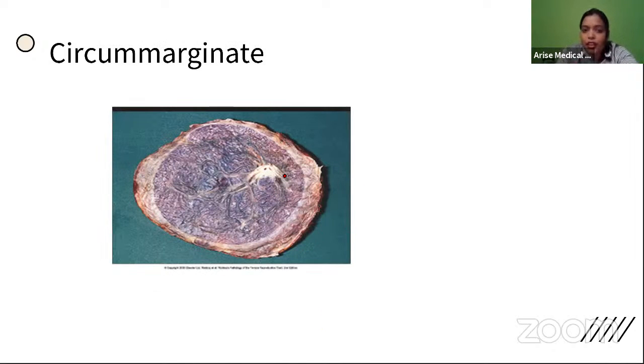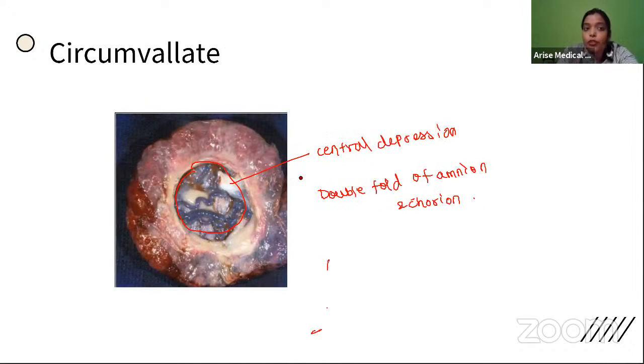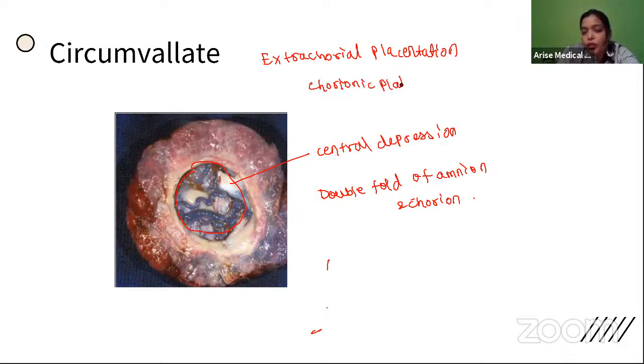Next one. Both circumvallate and circummarginate are called extrachorial placentation. In both of them, chorionic plate is smaller than decidual plate.